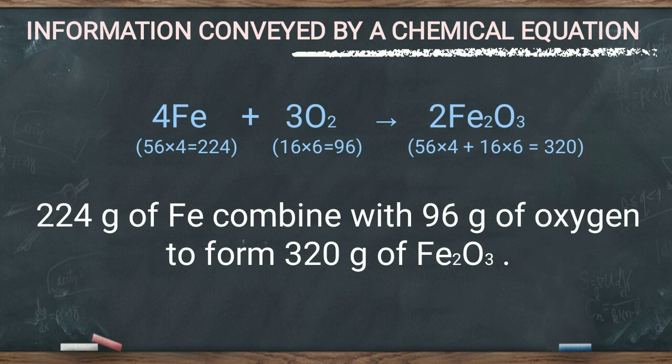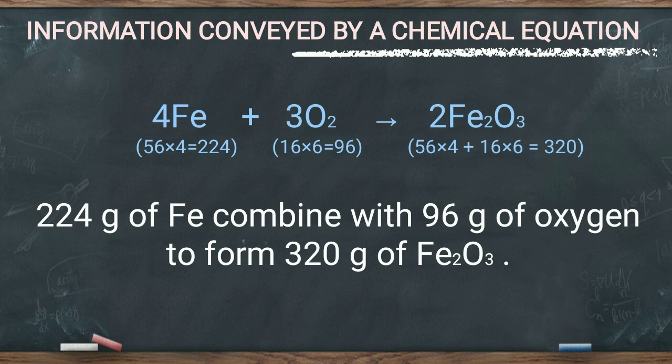From the information given by a balanced chemical equation, we can also calculate the amount of reactant required to produce a particular amount of product, or the amount of product which will be formed by a particular amount of reactant. This can be understood with some examples.